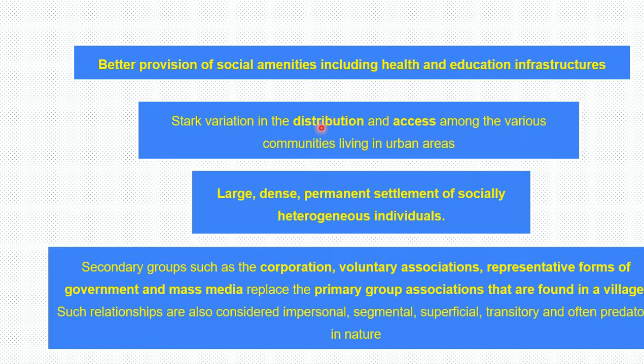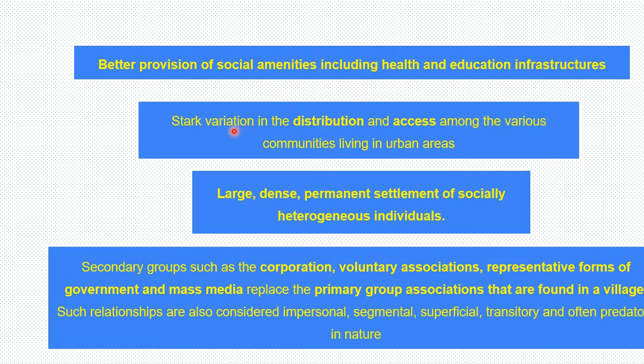When it comes to the distribution and access of these amenities to people living in urban areas, again there is a variation. Not all communities living in an urban area have equal access and distribution of these amenities.